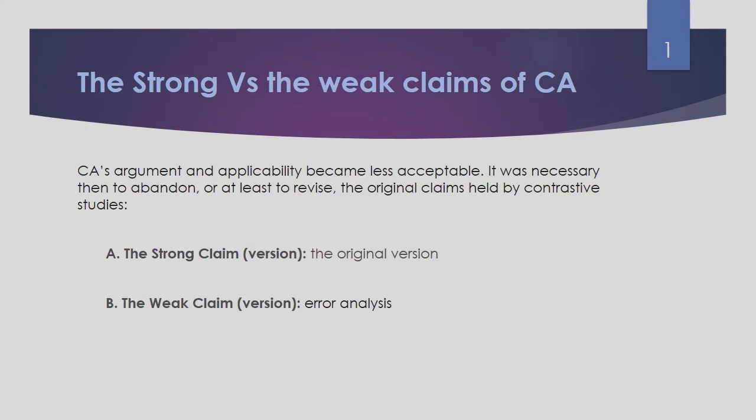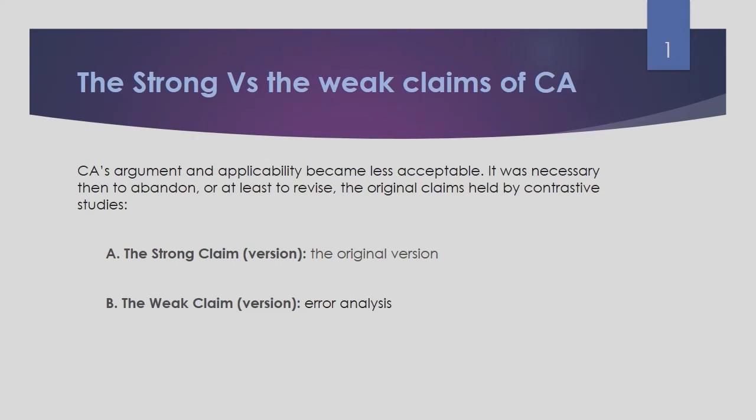In the literature on contrastive analysis, there are a number of variants to the contrastive analysis hypothesis along a weak-strong scale. The distinction drawn between the strong and the weak claims of the hypothesis paved the way for what came to be known as error analysis. Wardhaugh was the first to distinguish between these two claims. The strong version of contrastive analysis is an a priori version.